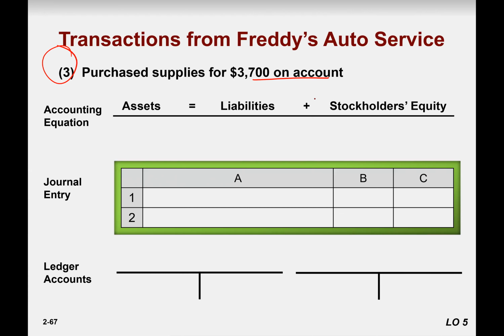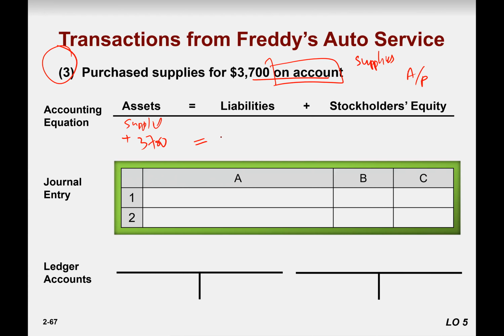What's going on? Okay, today, which two accounts? Supplies, and on account means we're talking about accounts payable, a liability, right? So in the accounting equation, how do we record it? Supplies plus 3,700.